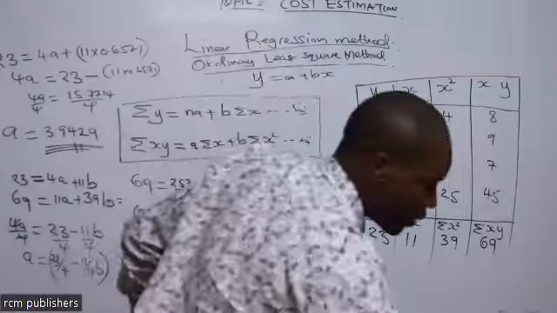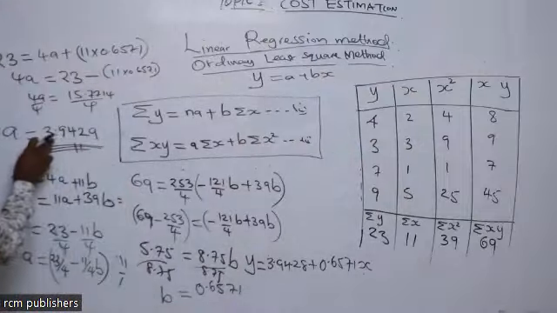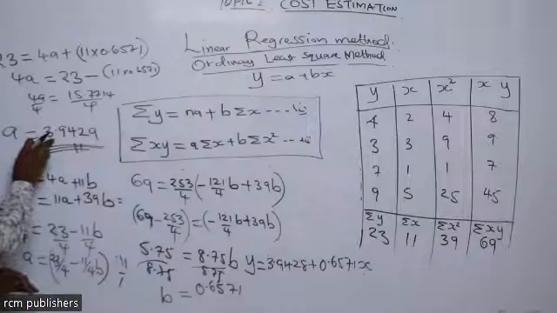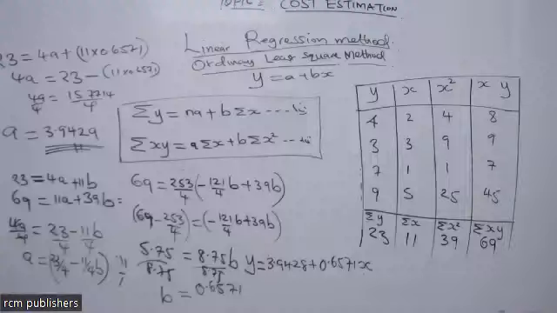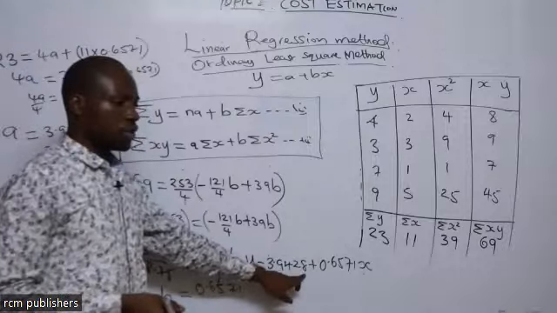Confirm that. So you are able to see that this one here is just as a result of rounding off, but we are arriving at the same answer. As you can see, our A here is 3.9428.